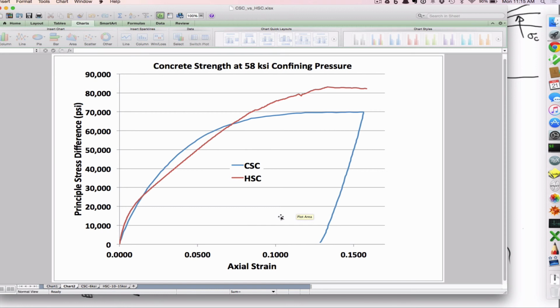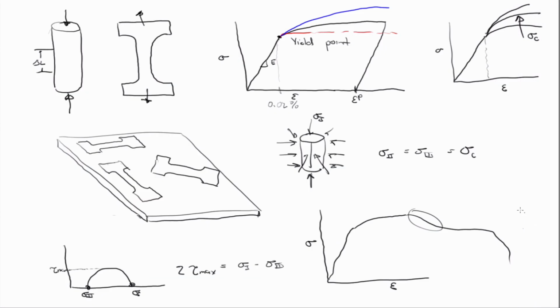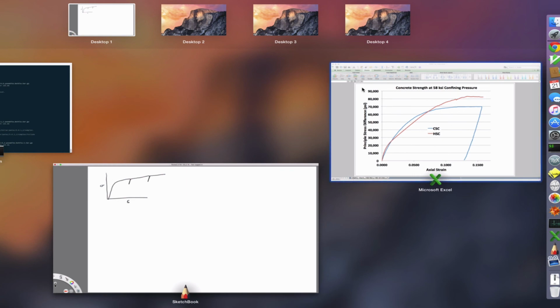A lot of times when you look at geomaterial stress-strain curves, you'll see these little load-unload cycles, and they're there so that you can get the elastic modulus of the material.